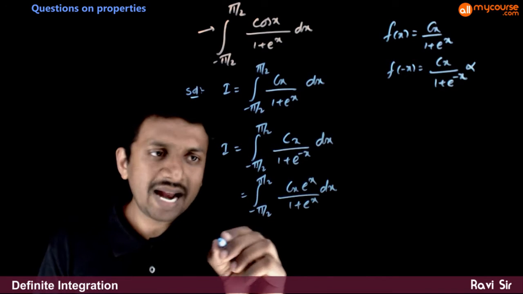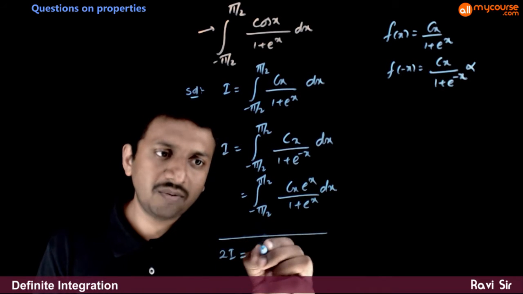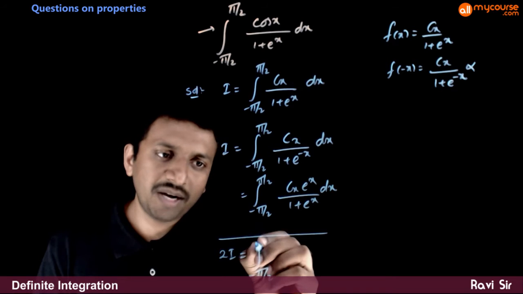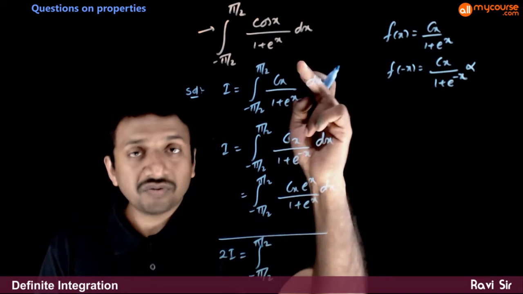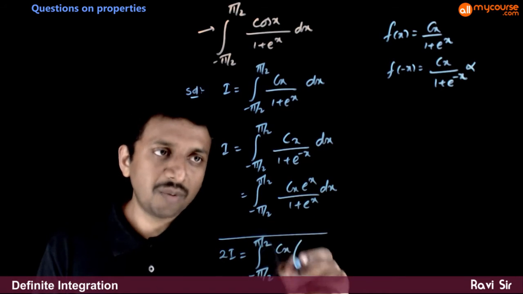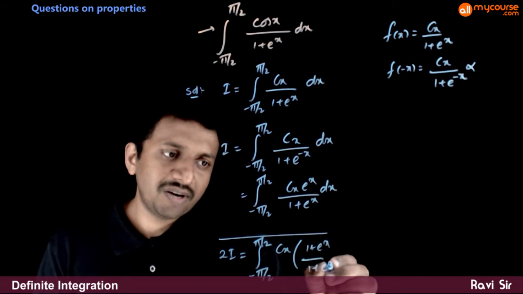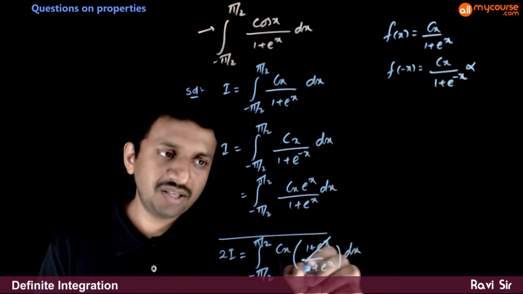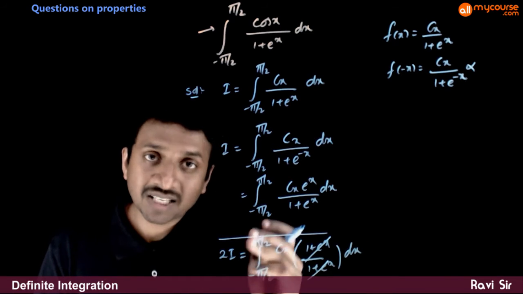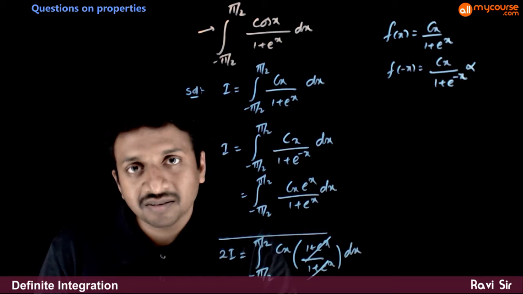If you add these two, 2I is equal to integration minus pi by 2 to pi by 2, cos x is common, and 1 plus e power x by 1 plus e power x dx, so these two get cancelled. So we have minus pi by 2 to pi by 2 of cos x dx.